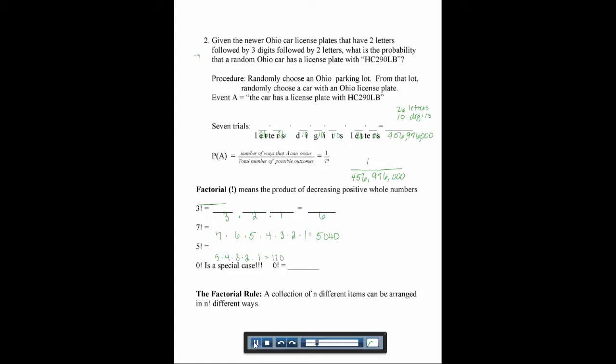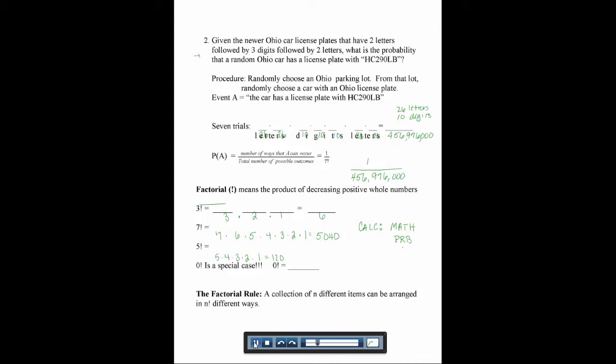Now your calculator will actually do this for you. The very last page of these notes has instructions on how to do the stuff in this section on the calculator, and I'll also make a video. To do this, you're going to hit the math button. When you hit math, there's a menu at the top, and if you arrow all the way over to PRB, that's the probability menu.